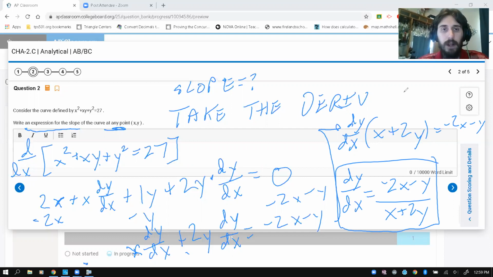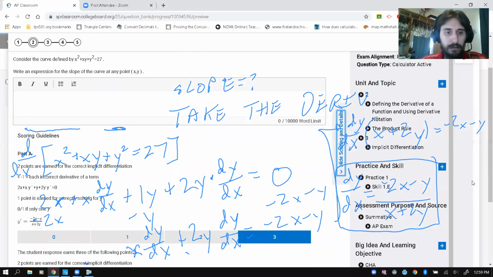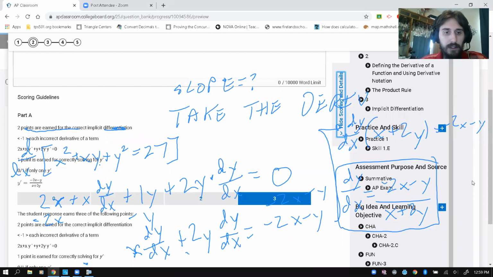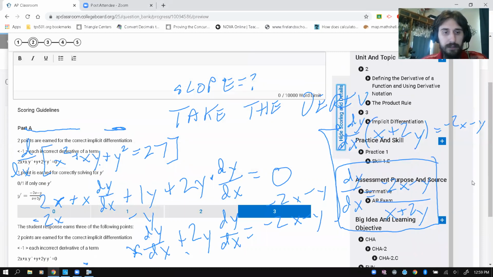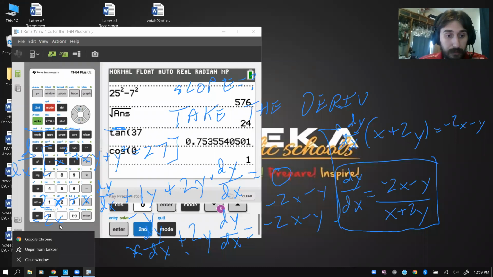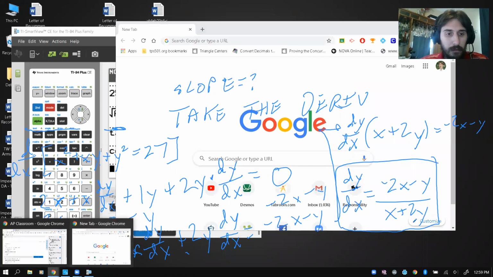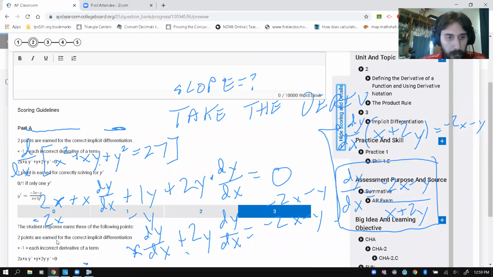And for this problem, you would get 3 points. 2 points for getting the correct derivative here for this first line.